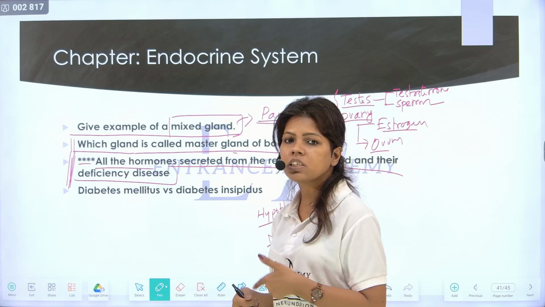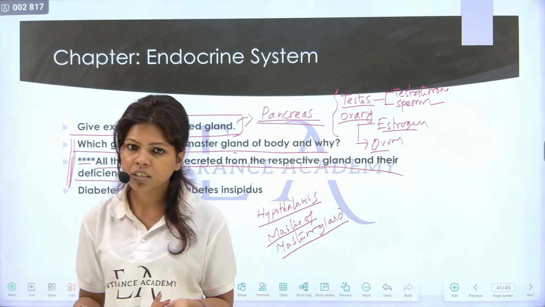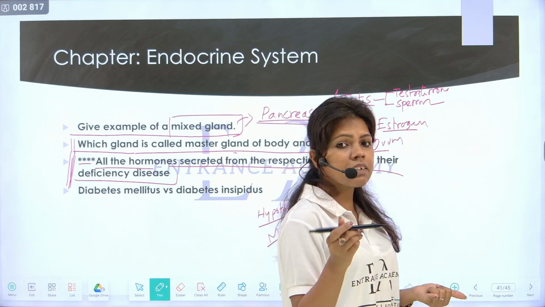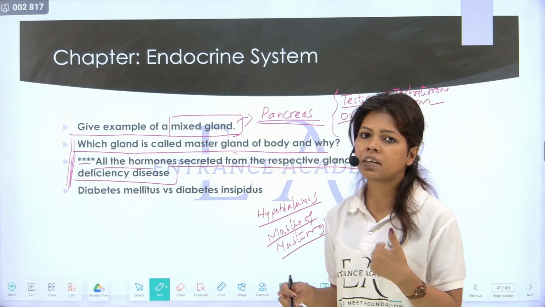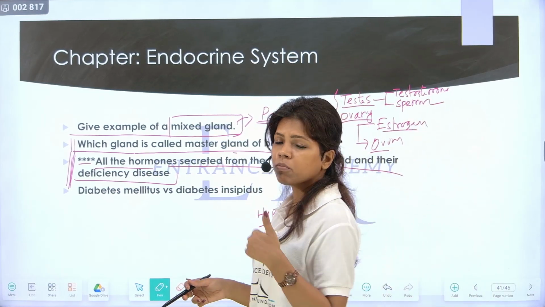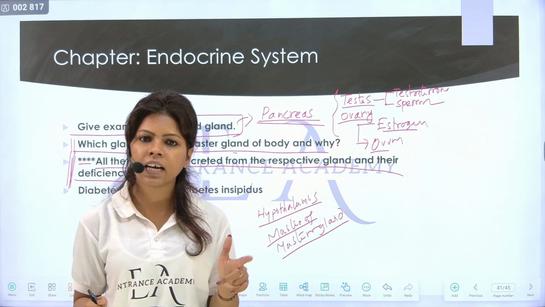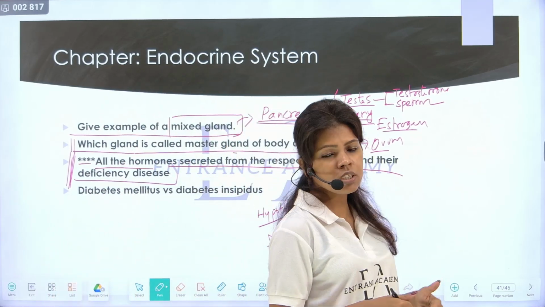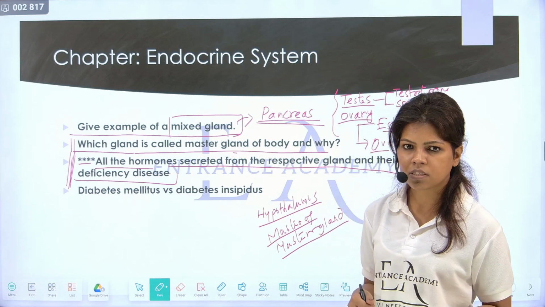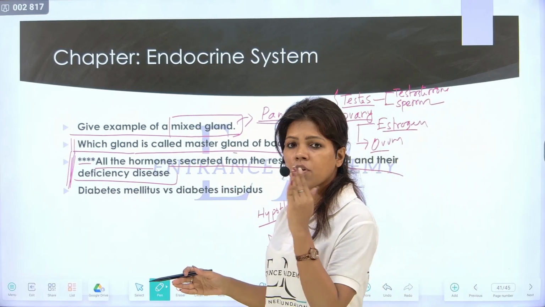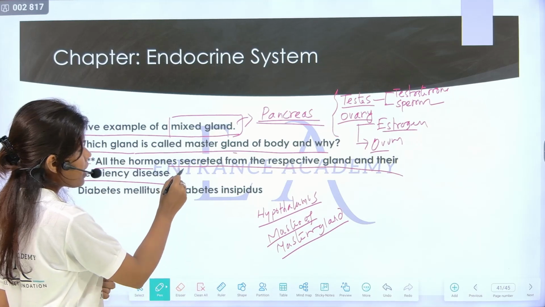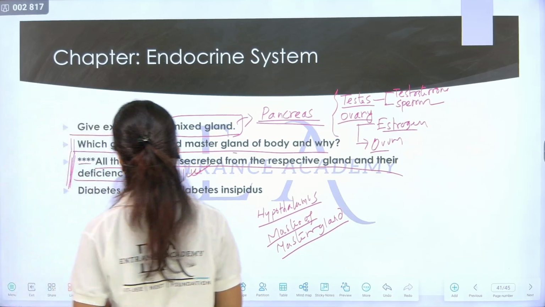Hypersecretion of thyroxine indicates exophthalmic goiter. Hyposecretion of thyroxine indicates simple goiter, cretinism in children, and myxedema in adults. Hypersecretion of growth hormone indicates acromegaly in adults and gigantism in children. And hyposecretion of growth hormone indicates dwarfism. So these respective hormones, their respective glands and their deficiency diseases, this part is very, very, very important.